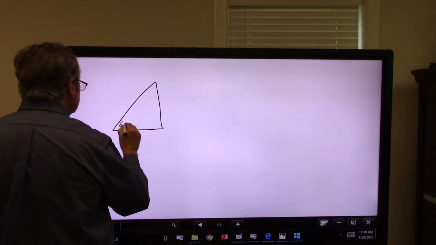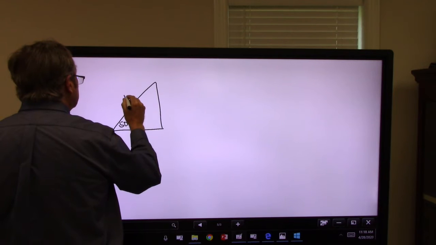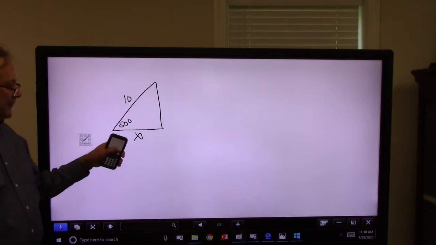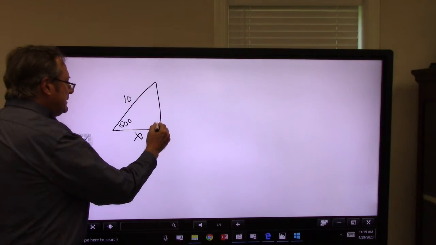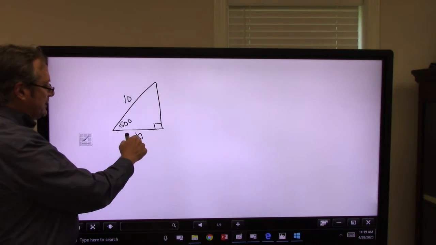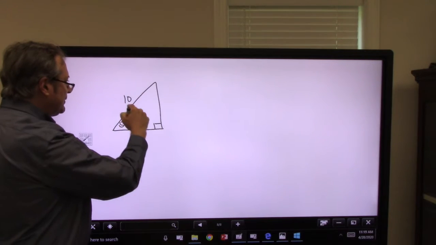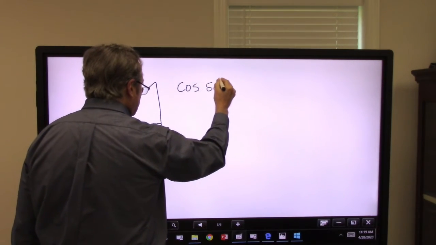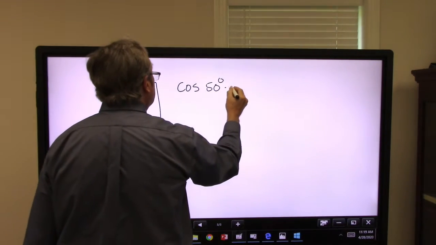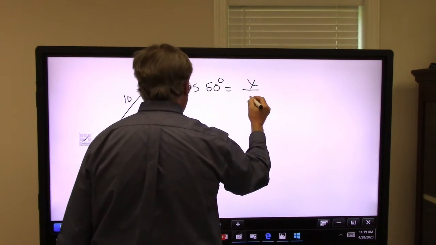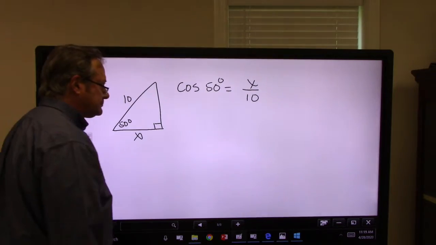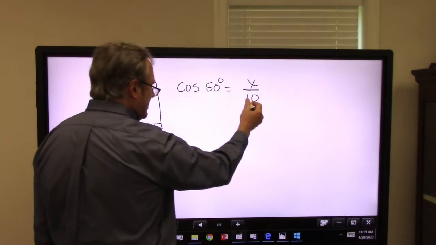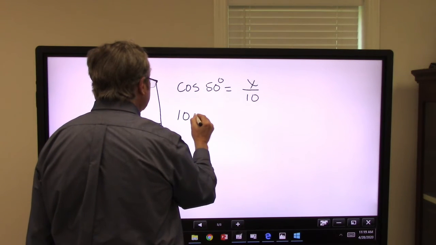We had 50 degrees there, 10 here, and x there. So to find the length of this side x, we're going to use cosine because it's adjacent over hypotenuse. So cosine of 50 degrees is going to be adjacent over hypotenuse. And now we're going to solve for x. We're going to multiply both sides by 10.